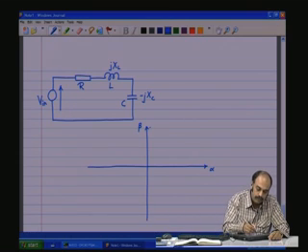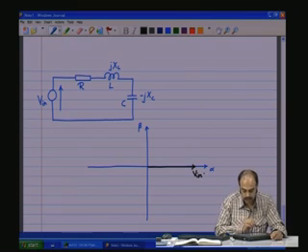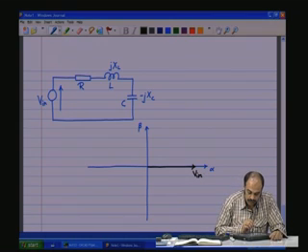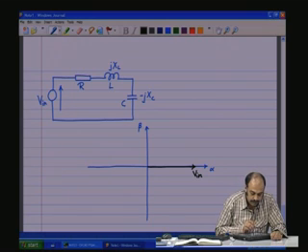So, we have V in reference. So, you always start with V in as the reference because you are applying V in and you know at what point it is going to cross 0, and let us say we take that one as the reference. And depending upon the values of L and C, the current could lead or lag. So, we do not know whether it could be in phase, lead or lag.